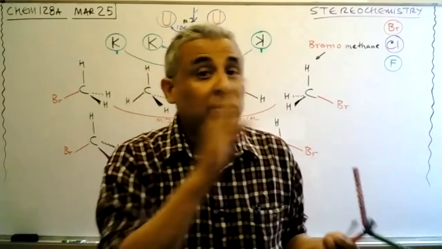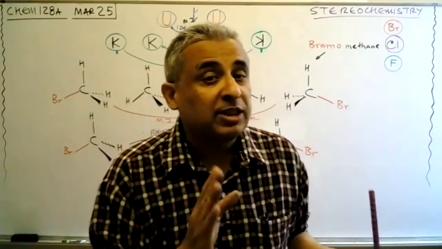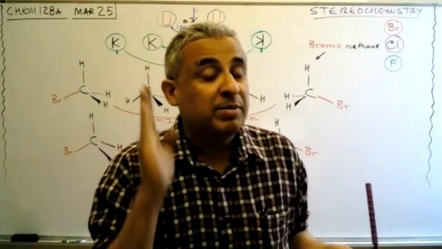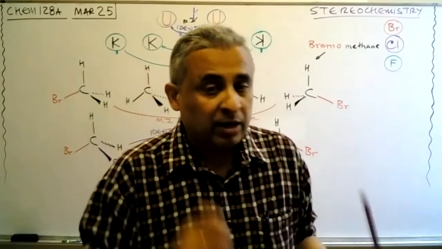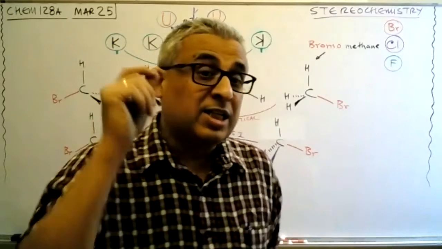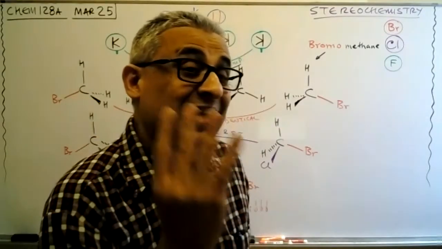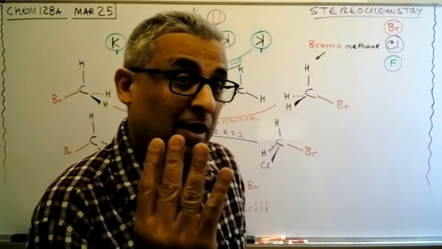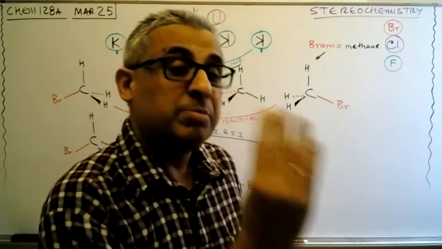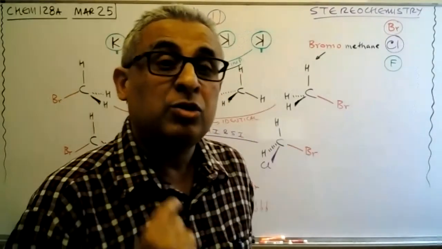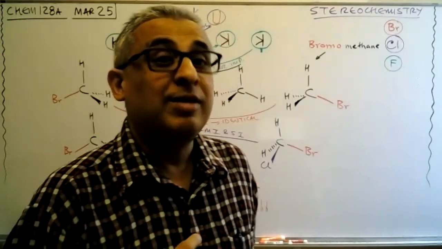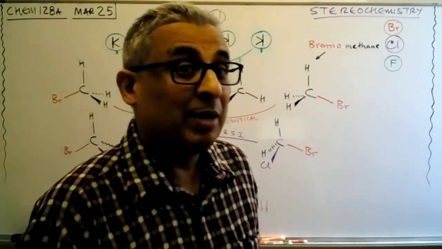They may look like mirror images, but there is broken symmetry. So when an sp3 carbon has 4 different things attached to itself, the molecule and its mirror image are not superimposable. They have different stereochemical properties.